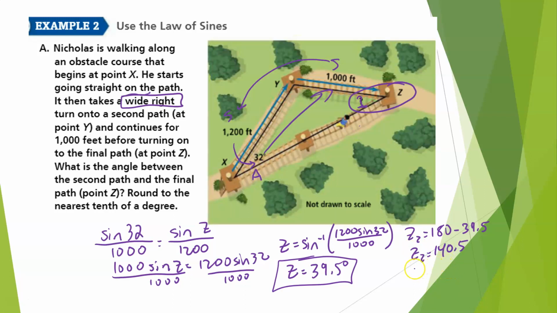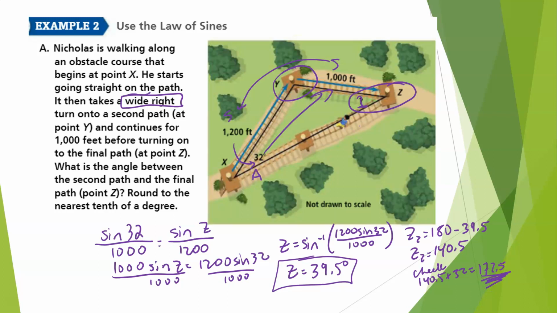But then when I do that, I would check it, and it does work because I'd have 140.5 plus 32, but that's 172.5. Okay, so yes, it works, but it means that this last angle at Y would only be 7.5.